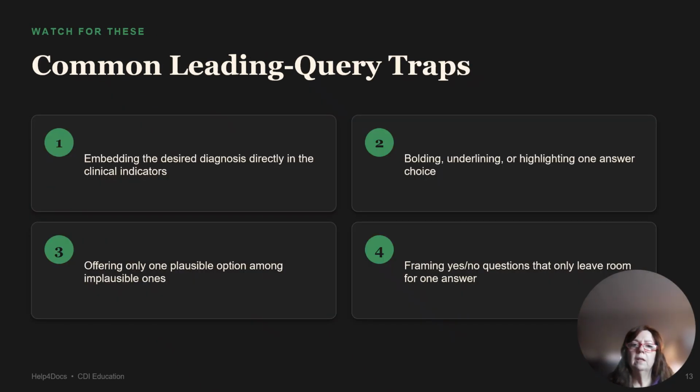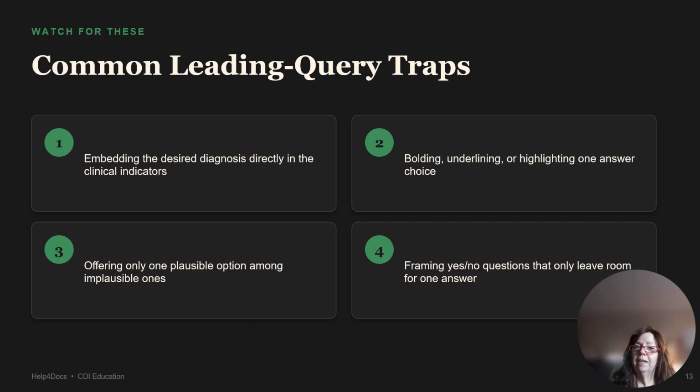All right, so let's talk about a few traps that show up again and again in real audits. The first one is embedding the desired diagnosis directly in the clinical indicators section. Can't do that. Second, bolding, underlining, or highlighting one answer choice.